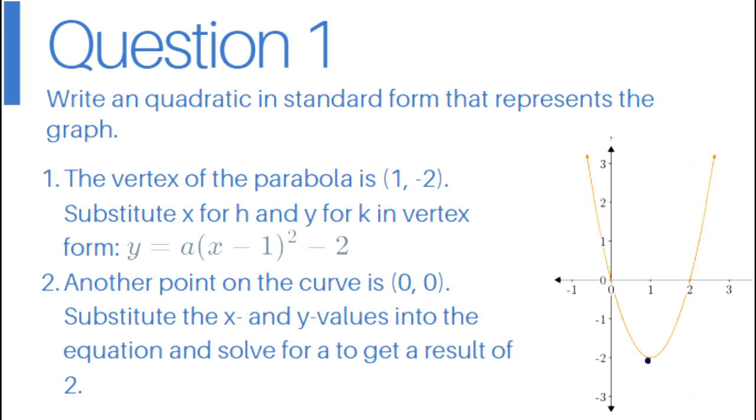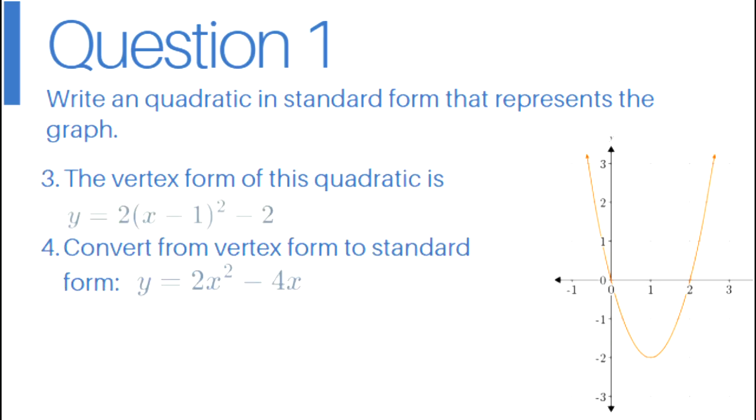Okay. Another point on the curve is (0, 0), which is right there. Substitute the x and y values into the equation and solve for a to get the result. So we would take this formula and we would substitute 0 for y and 0 for x and solve.